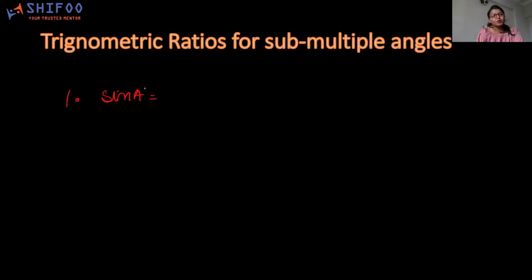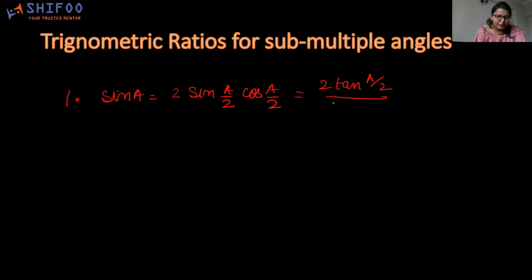So if you put 2 theta as A, it will become 2 sine A by 2 cos A by 2. Is this clear? And if you again put it in the tan formula, it will be 2 tan A by 2 upon 1 plus tan square A by 2. Am I making my point clear?